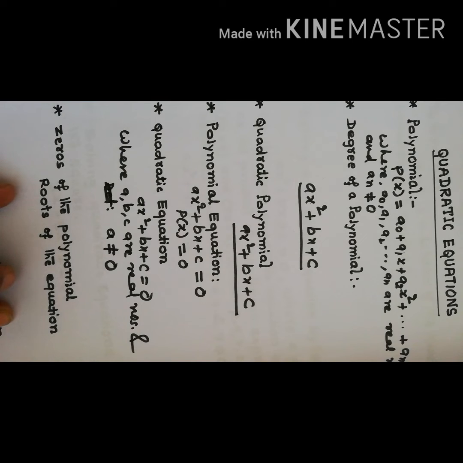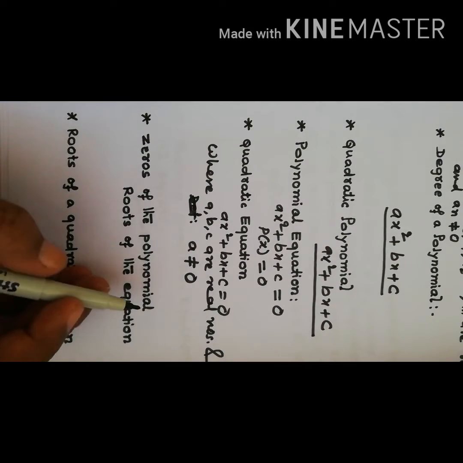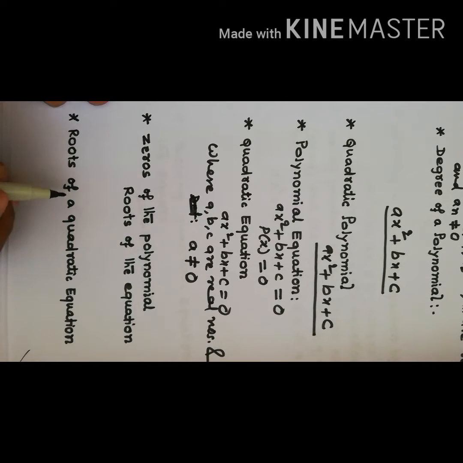This is a quadratic equation, and ax square plus bx plus c is equal to 0 is the standard form of the quadratic equation. You should know about zeros of the polynomial and roots of the equation.